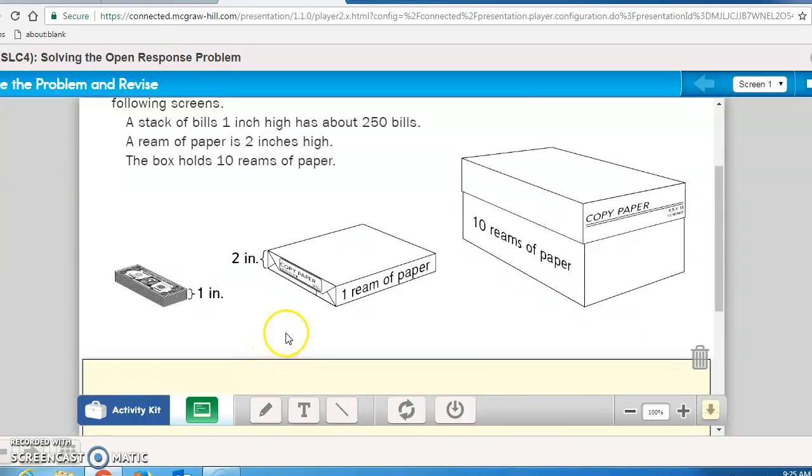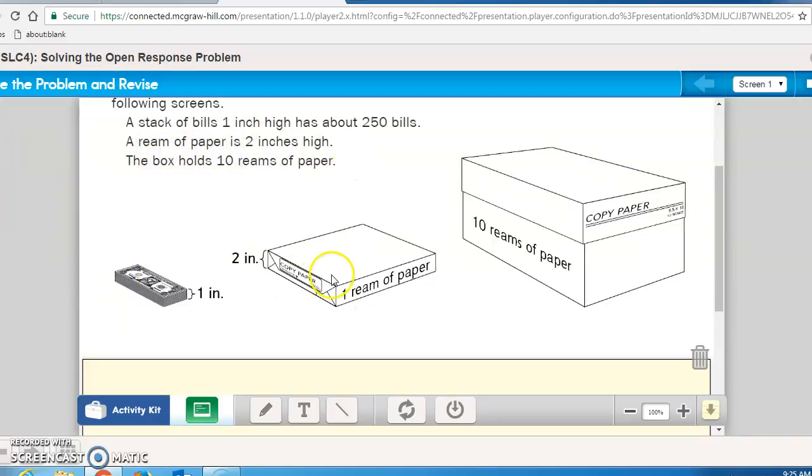They're telling you that this stack of bills is 1 inch. And this box holds 10 reams of paper. In that stack, you have about 250 bills.